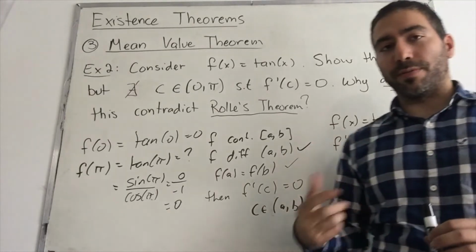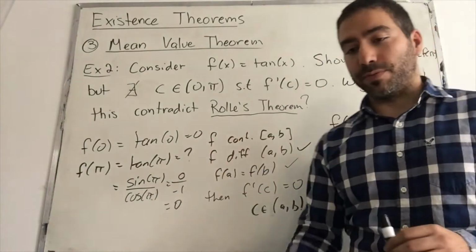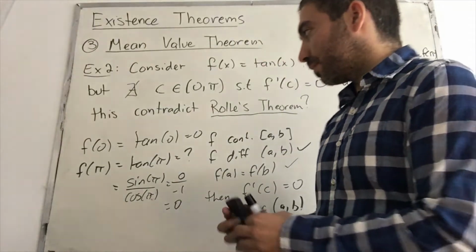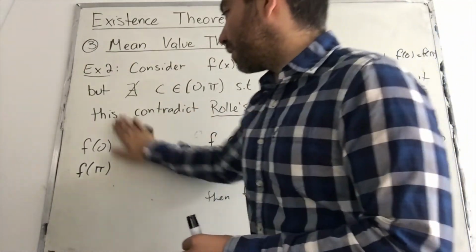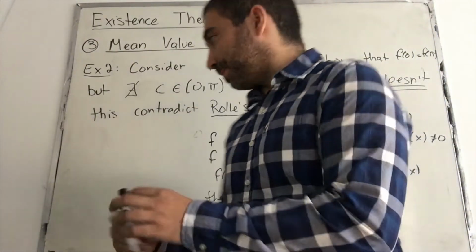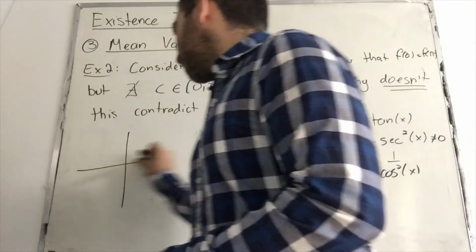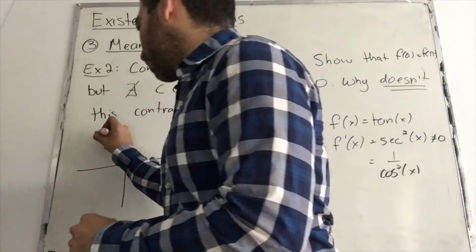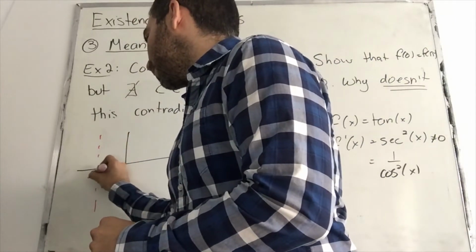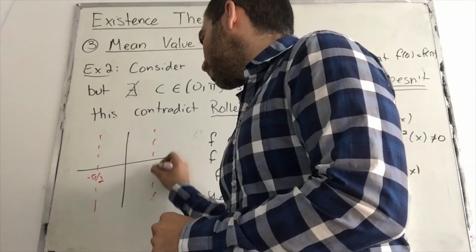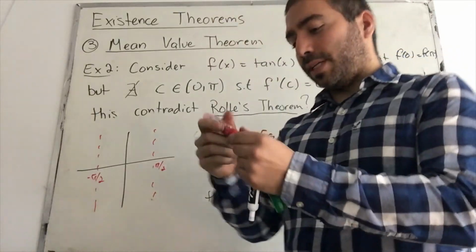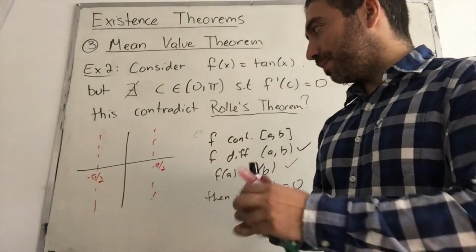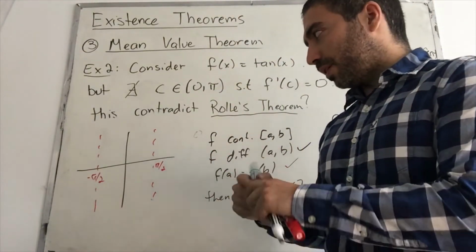What you have to catch is the fact that tan of x, if you sketch it, let's quickly sketch the tan function. Tan has asymptotes at negative pi over 2 and pi over 2. It's periodic, so it repeats, and it looks something like, let's do it in green, it looks something like this.